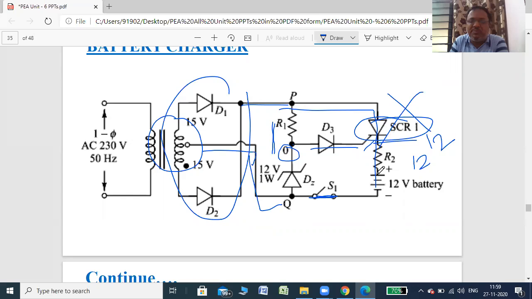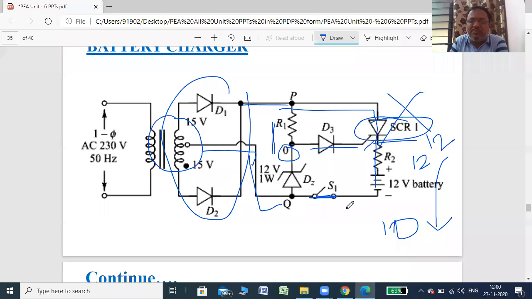If the SCR never turns on, then the battery will never be overcharged. Again, if the battery is discharged below 12 volt, say it's 11 volt, the same thing happens. The voltage at O is greater than 11 volt, the SCR turns on. If it is 10 volt, then the voltage at point O is 10 volt, the SCR turns on and the battery will be charged. So this is a battery charger, and battery chargers are required everywhere.